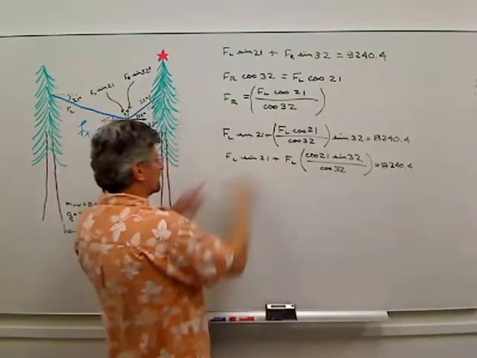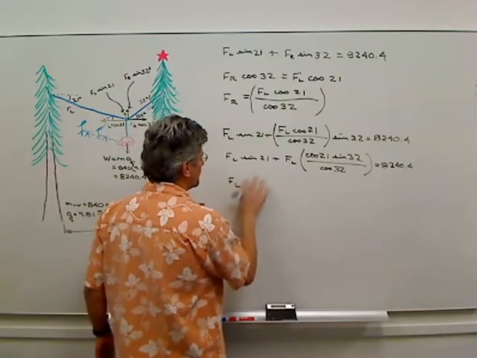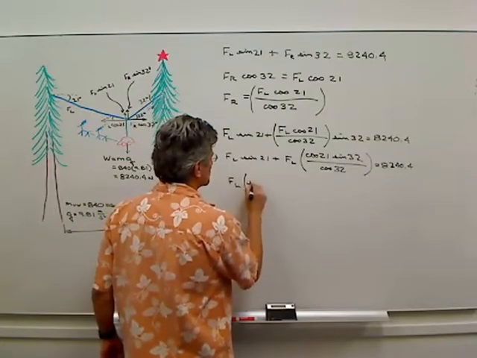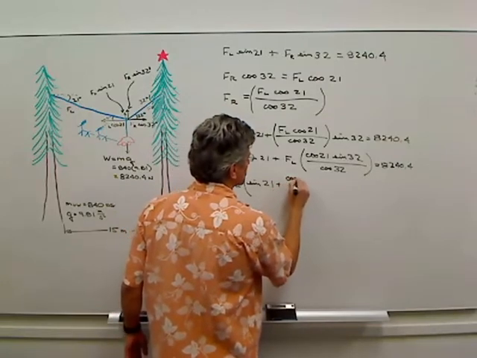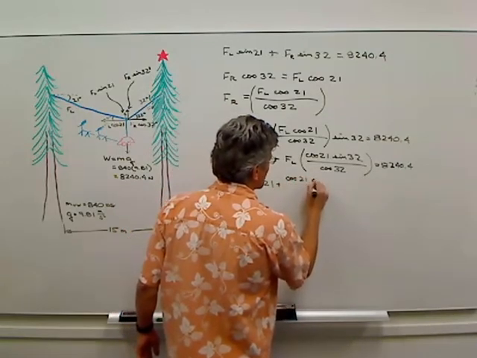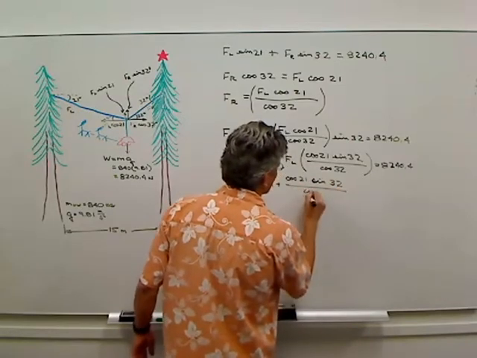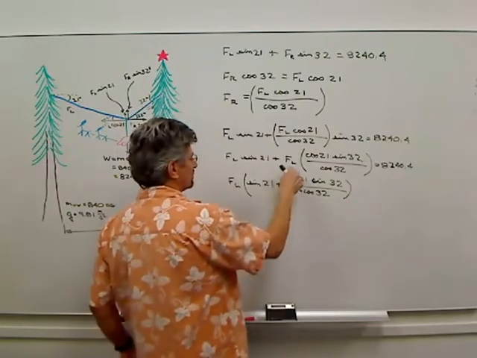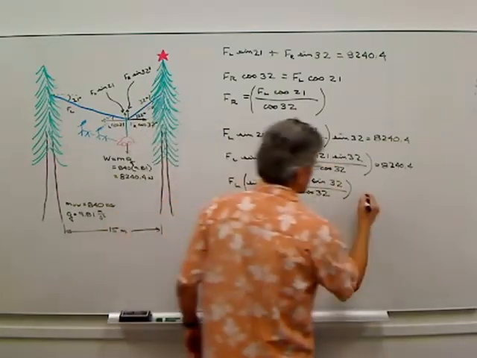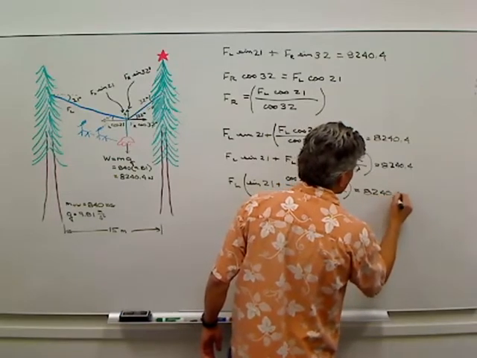And now we can isolate the F sub L. F sub L times sine 21 plus cosine 21 sine 32 over cosine of 32. All right, brought that out, combined these terms, is 8240.4.